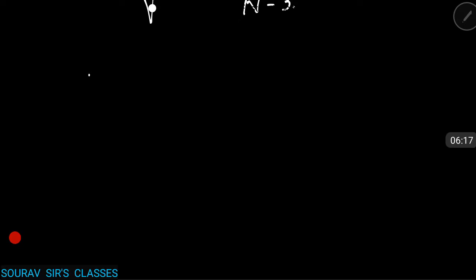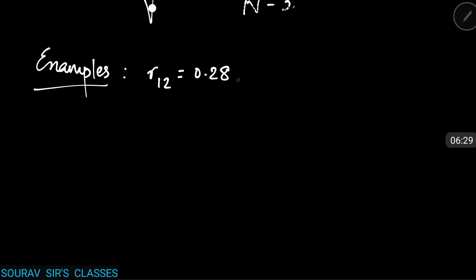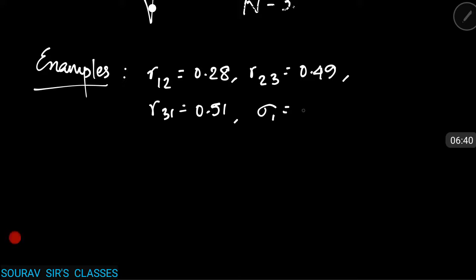Here are a few examples. Given r12 is equal to 0.28, r23 is equal to 0.49, r31 is equal to 0.51, sigma 1 is equal to 2.7, sigma 2 is equal to 2.4 and sigma 3 is equal to 2.7.